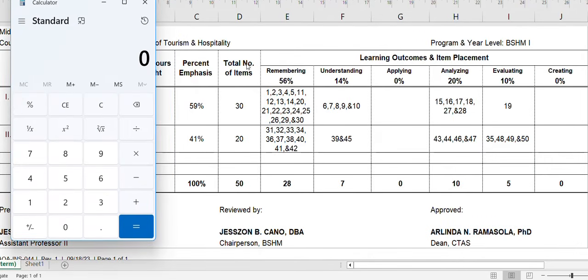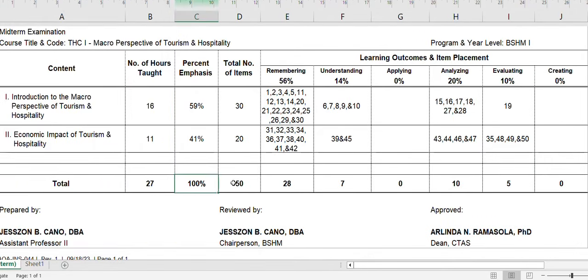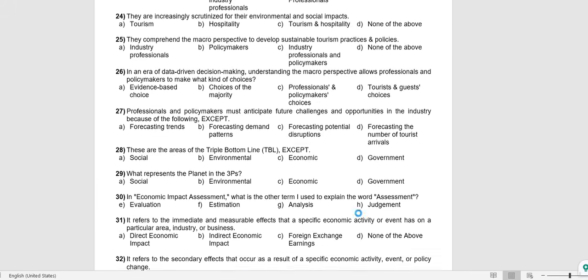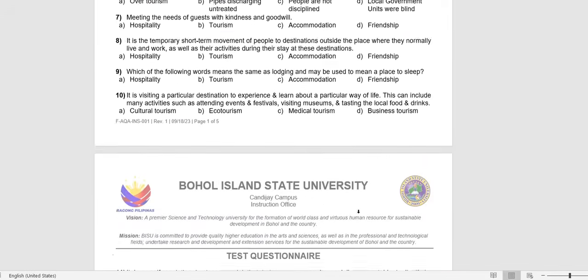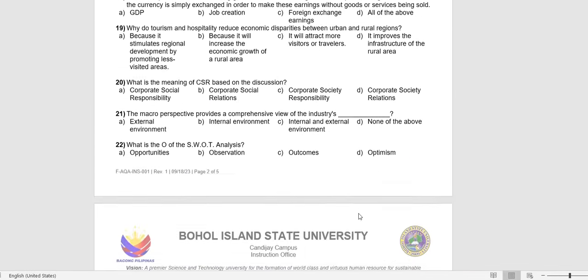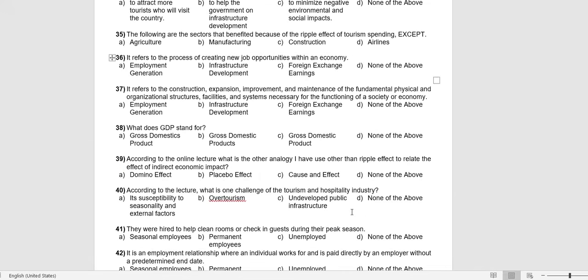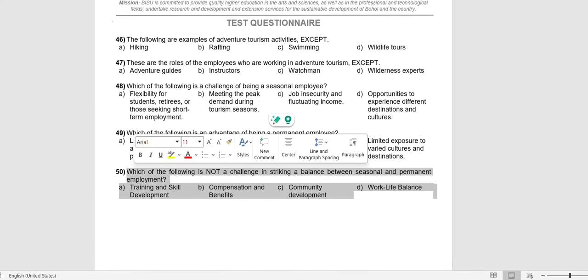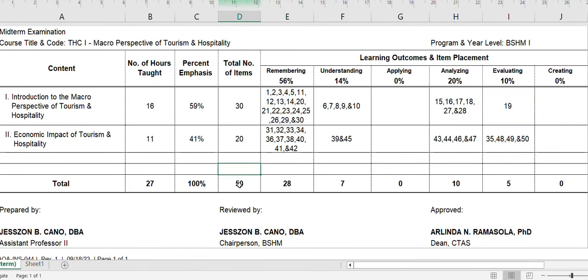Now let's proceed to the total number of items. I have this idea to have a 50 total number of items for midterm. I have already prepared here a midterm exam or test questionnaire, so I put here 50 items.